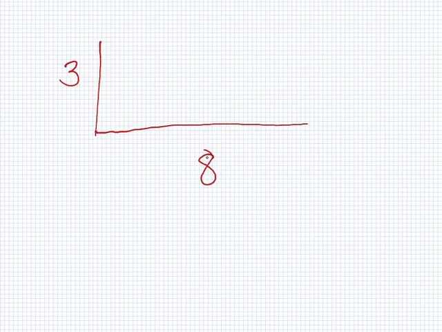Let me give you an example where it's not like this. So, for example, I tell you that this is 3, this is 8, and my stay that I have is 5. Is this right if I draw it like this? No, it's totally wrong, because from these, they don't work.